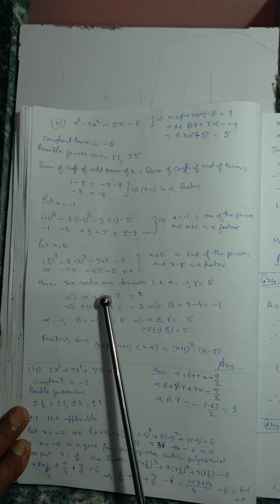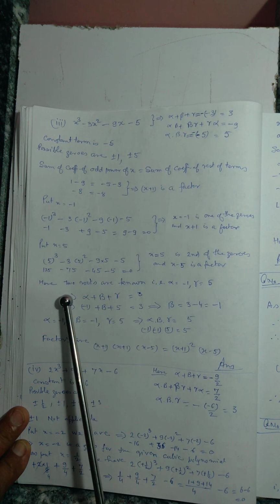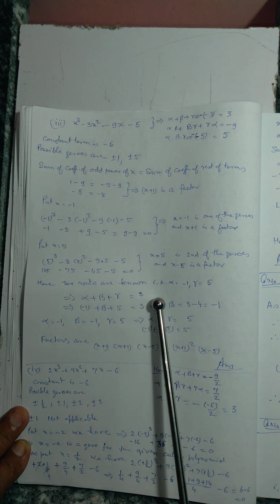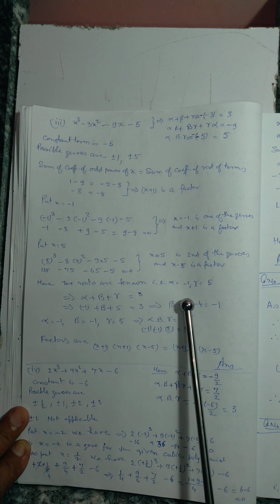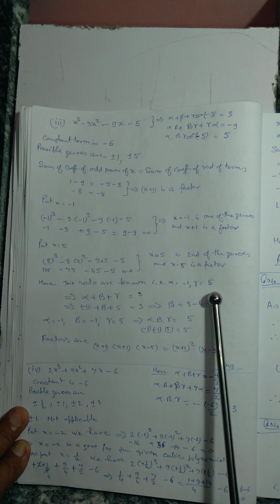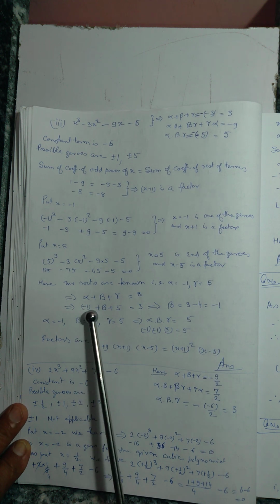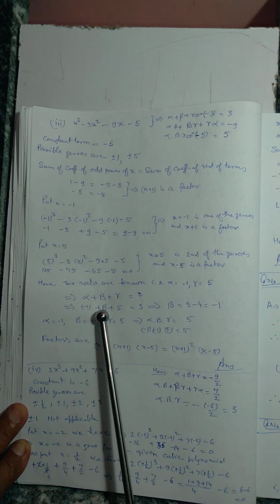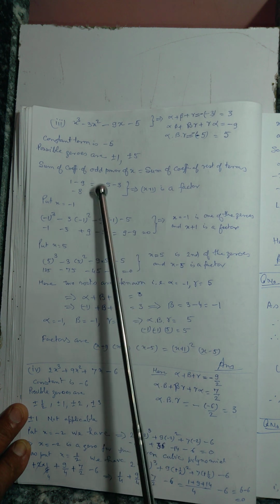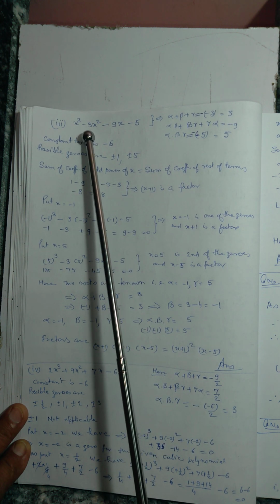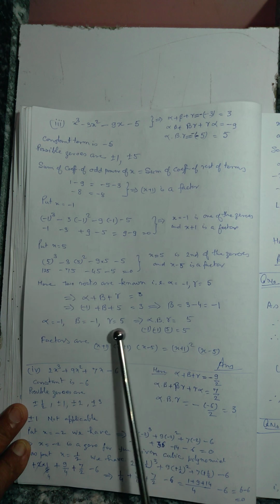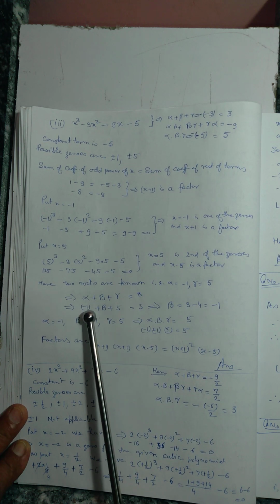Here two roots are known, or you can say the two zeros are known, that is alpha is equal to minus 1, gamma is equal to 5. As a matter of fact, you know that alpha plus beta plus gamma is equal to minus b by a, so you will get 3.